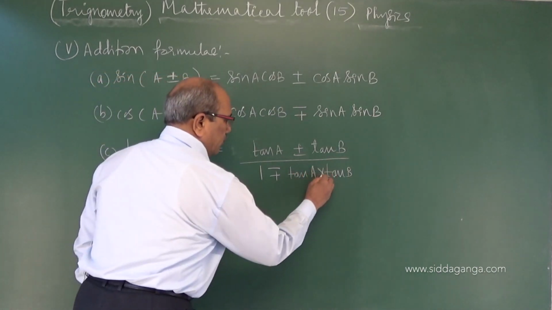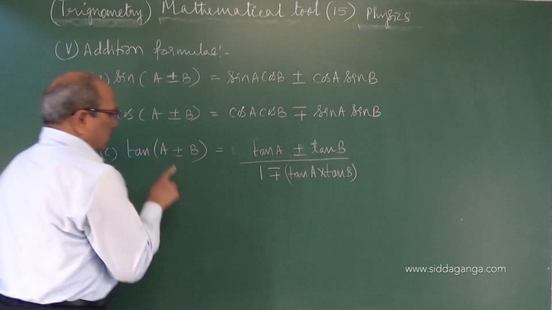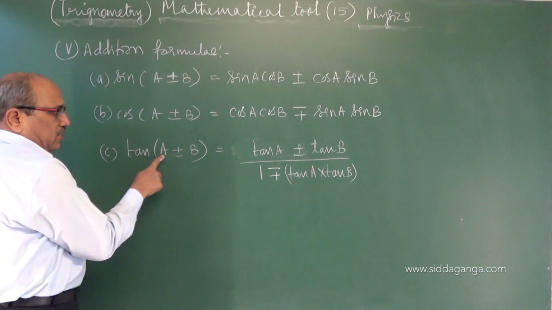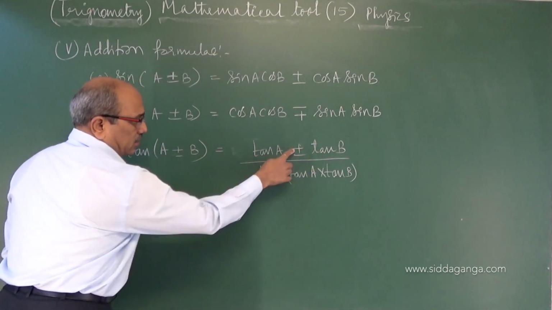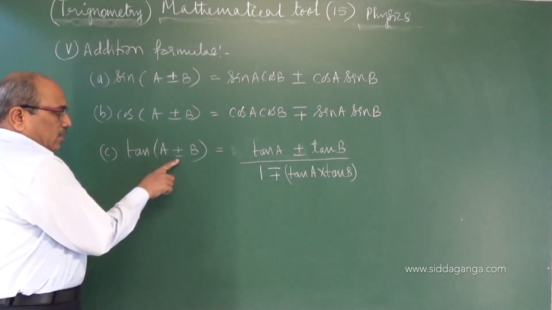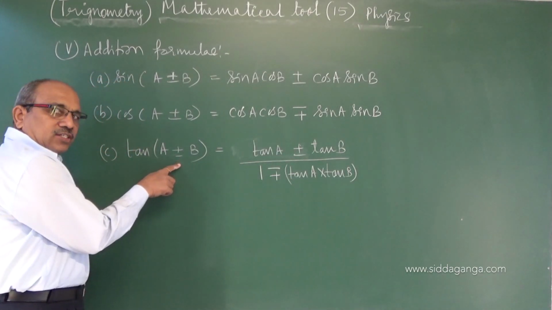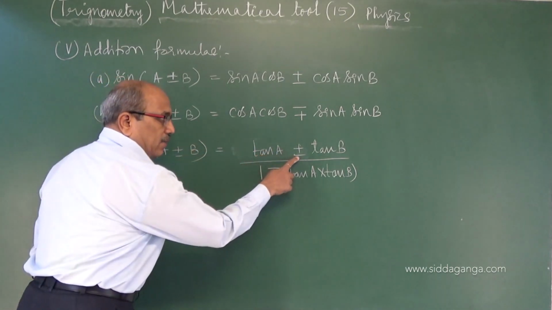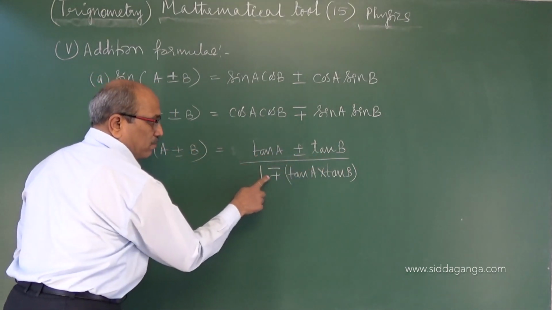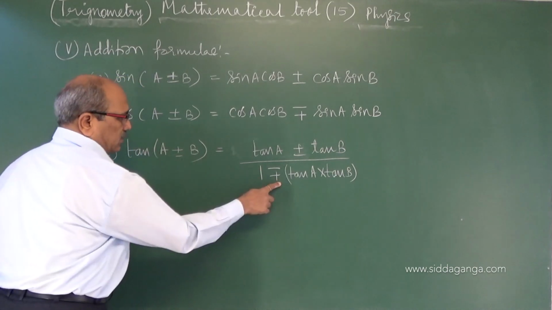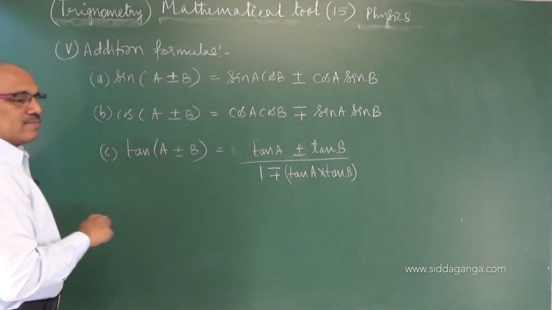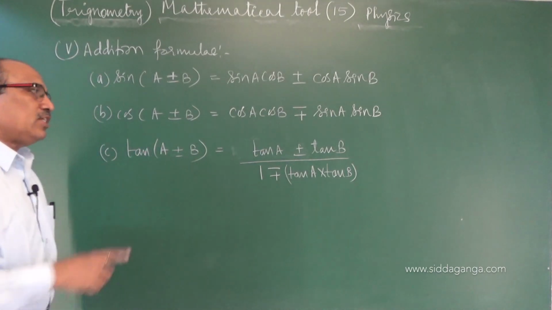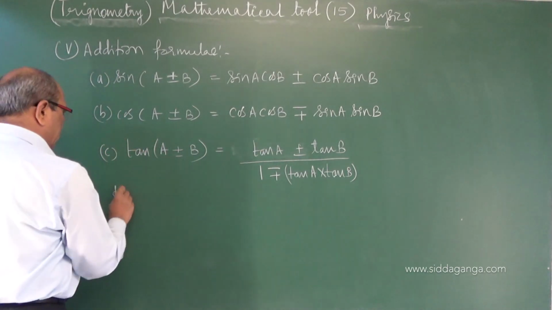That means if you take tan a plus b, it is tan a plus tan b, but 1 minus tan a tan b: here plus, there minus. If a minus b, tan a minus b, then tan a minus tan b, but 1 plus tan a tan b. Plus goes with minus, minus goes with plus. That relation we have given in one formula here.